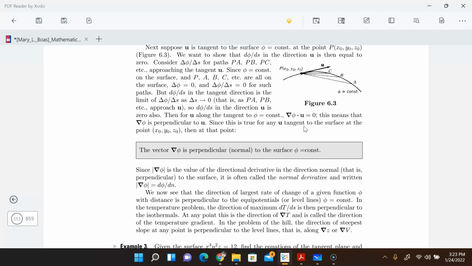Now, what I want to do is consider the idea of these contours that we had earlier. How do we define contours? It is to fix your phi at a constant value, at a certain height, for example, or a certain temperature. So in this particular case, if you fix this to be constant, when you take your gradient of phi, this should be equal to 0.